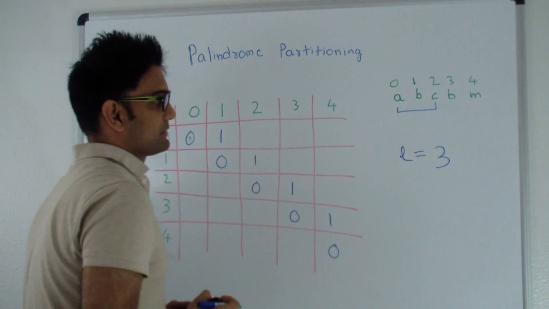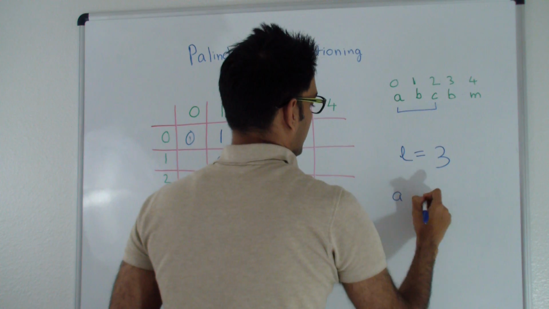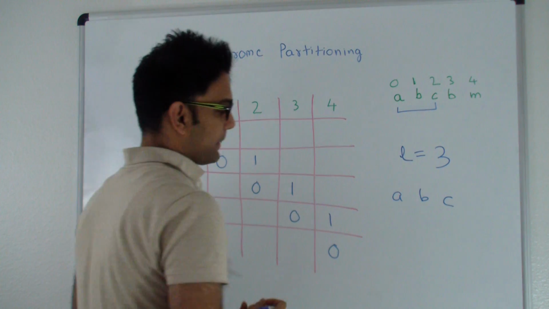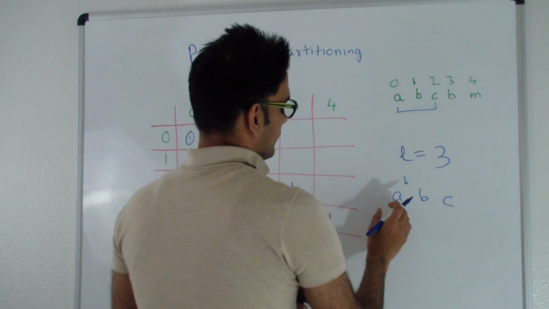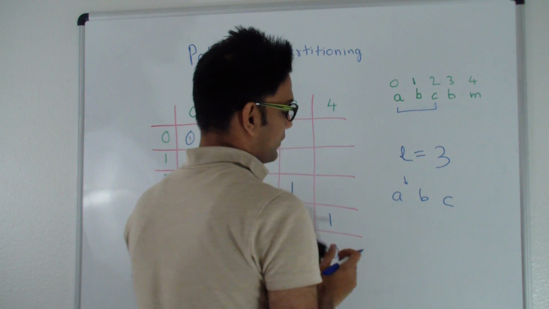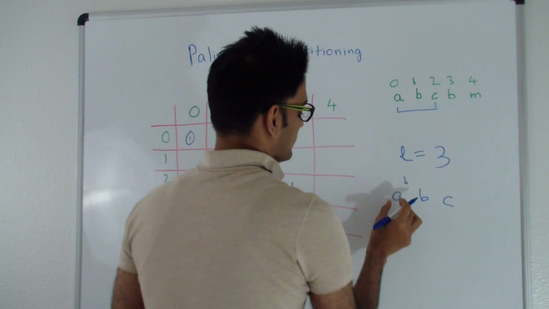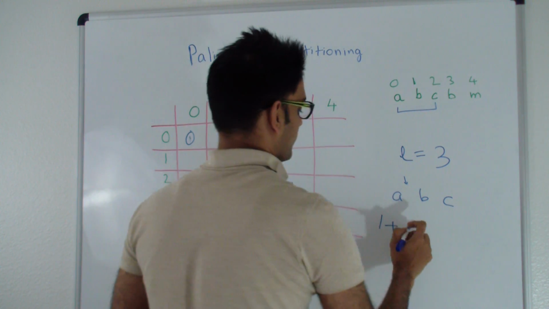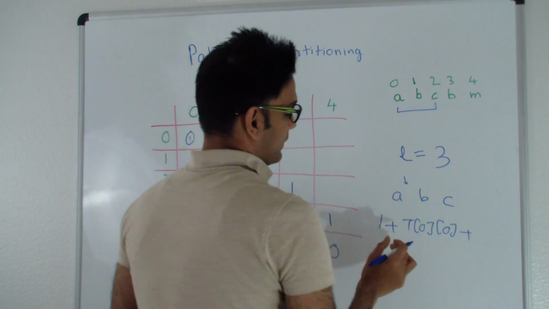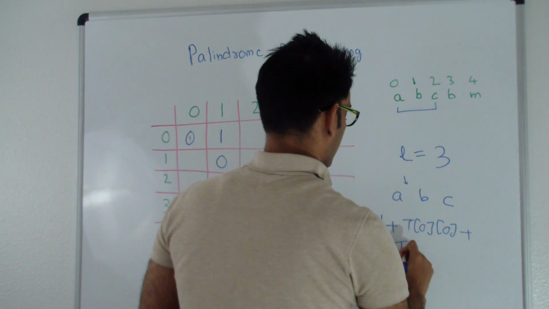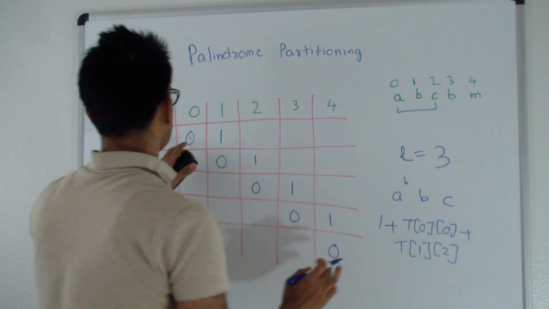Since ABC is not a palindrome by itself, let me write ABC here. I'll try to split at this point and calculate the minimum number of splits possible. So when I split at this point, it'll take 1 plus the minimum number of splits to make this a palindrome, which is T 0, 0, plus the minimum number of splits to make this a palindrome, so T 1, 2. T 0, 0 is 0.